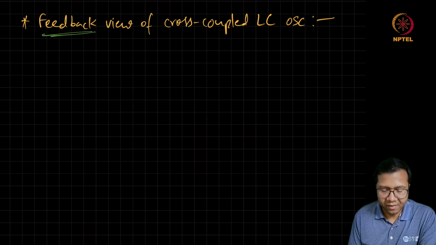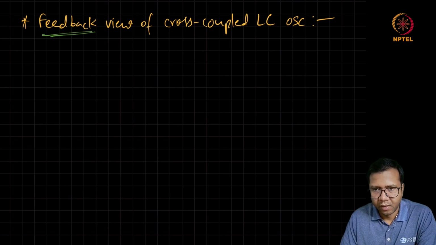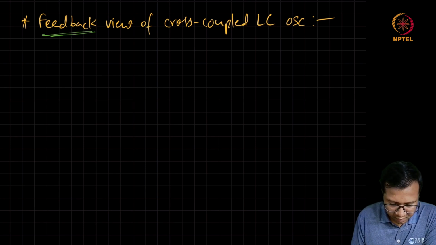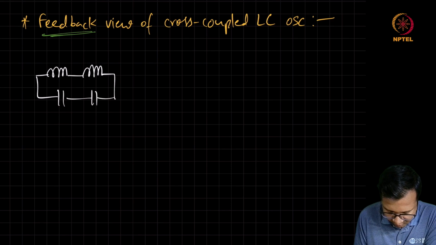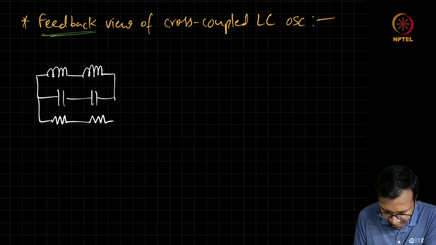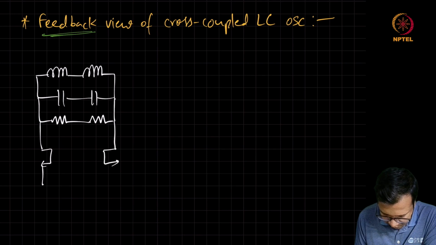So if I redraw the earlier circuit where we had combined two differential oscillators, then we had these two inductors, two capacitors, and two resistors modeling the loss of the tank, along with this cross-coupled pair.